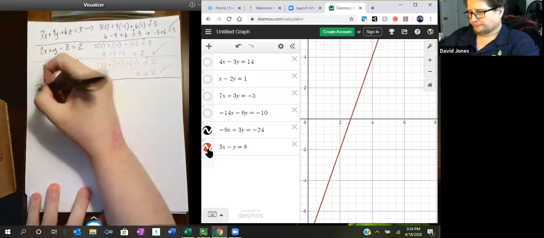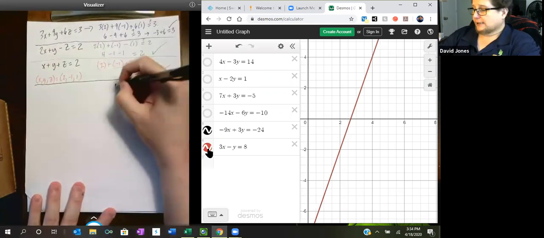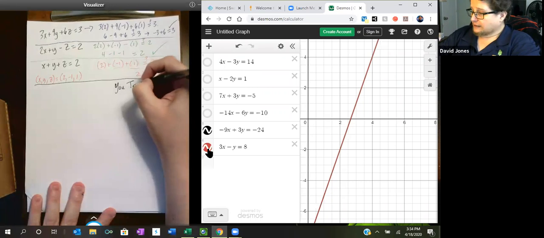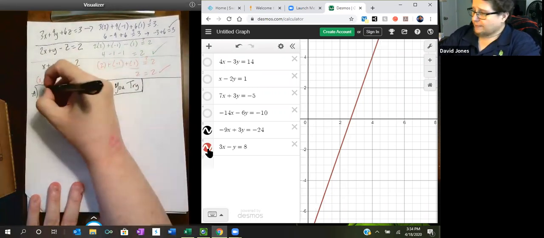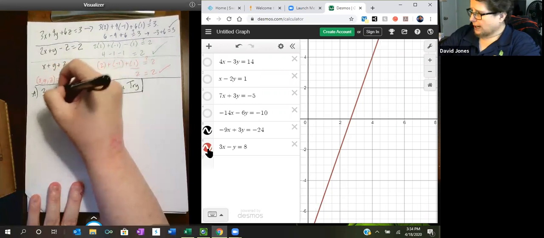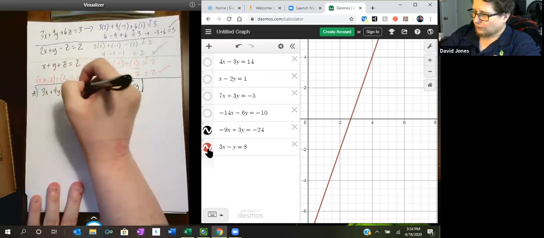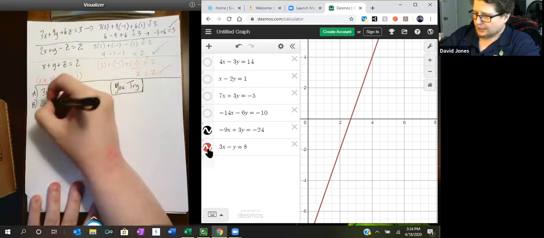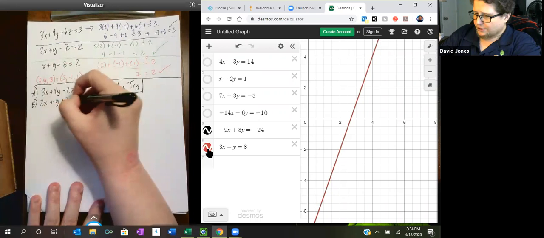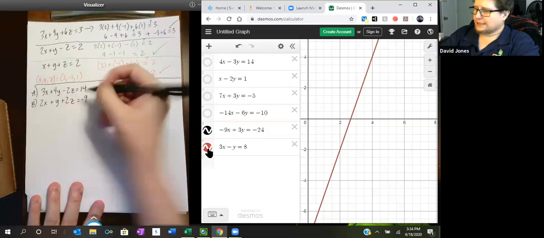Your turn. You try. So A is going to be 3x plus 4y minus 2z equals 14. B will be 2x plus y plus 2z equals -9.